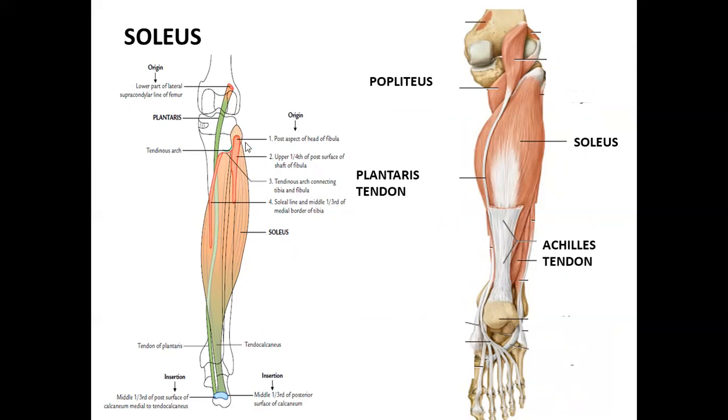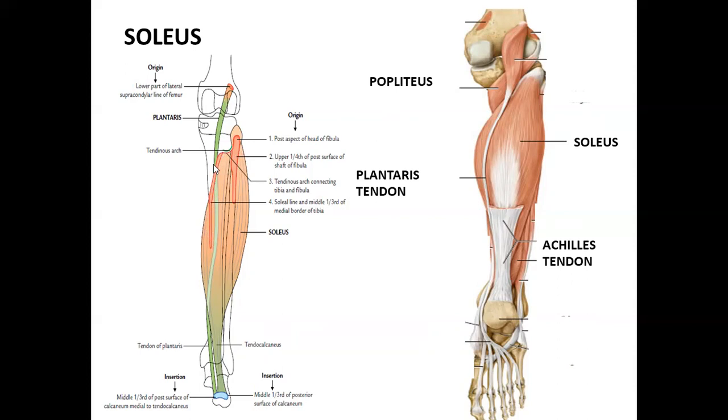Okay. It arises from the posterior aspect of head of fibula, upper 1/4 of posterior surface of shaft of fibula. So it comes from the head of fibula and also from the upper 1/4 of the posterior surface. Then the tendinous arch connecting the tibia and the fibula, the soleal line and the middle 1/3 of medial border of the tibia.